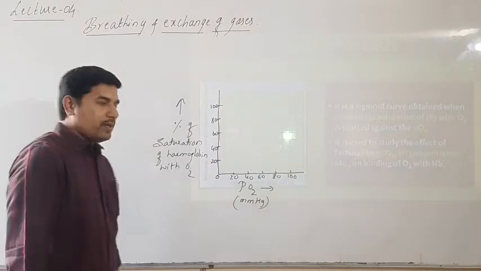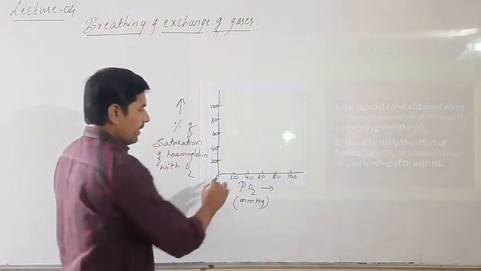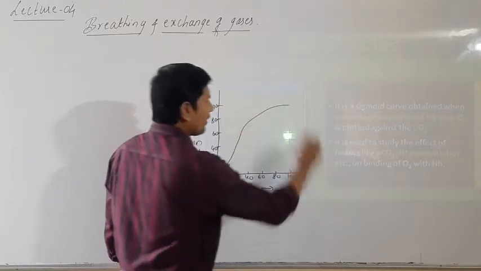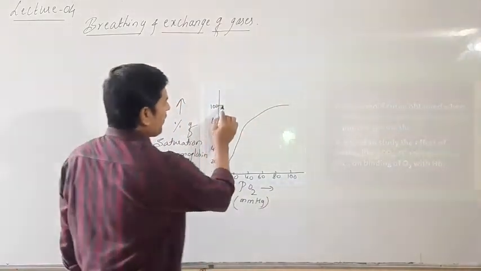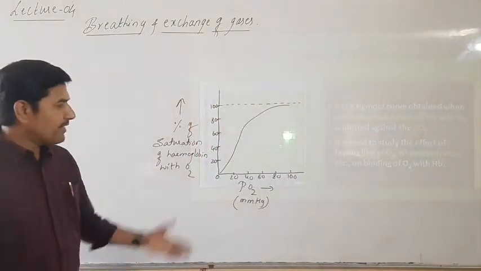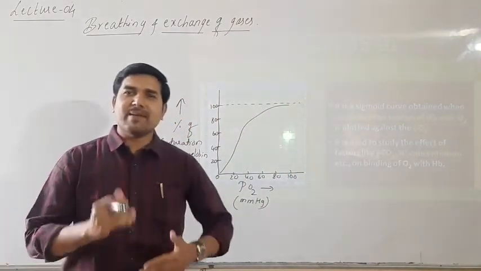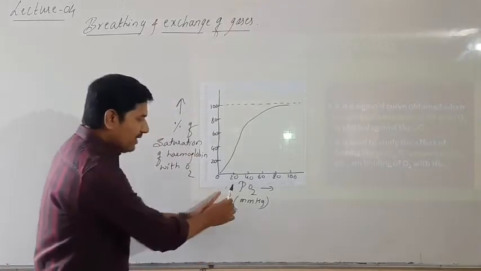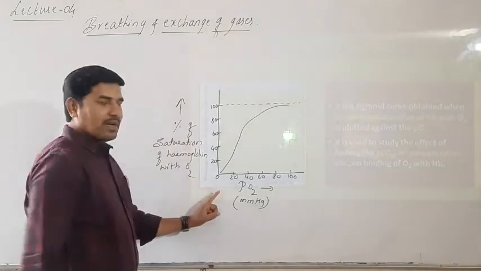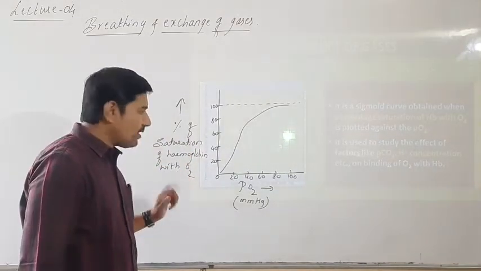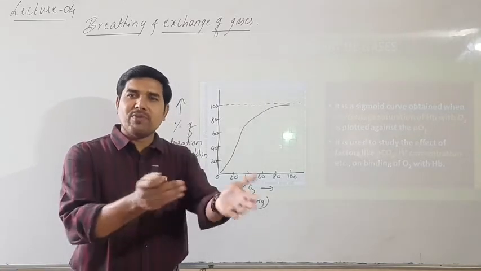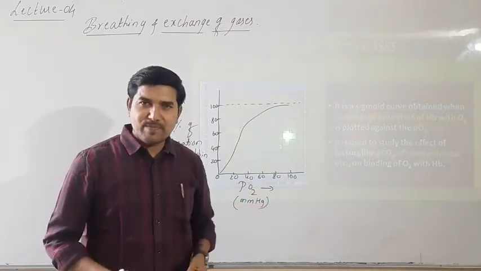So in this graph we get a curve that we call the oxygen dissociation curve. What exactly does it mean? This is the partial pressure of oxygen, and this is the saturation of hemoglobin with oxygen. That means oxygen should combine with the hemoglobin flowing in our blood vessels.